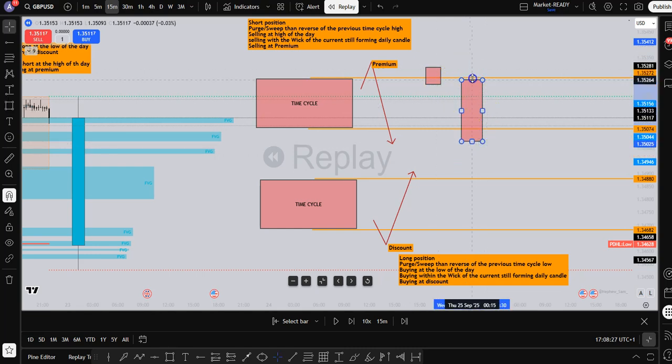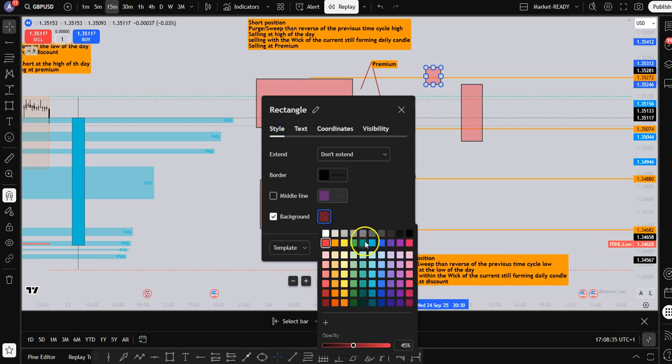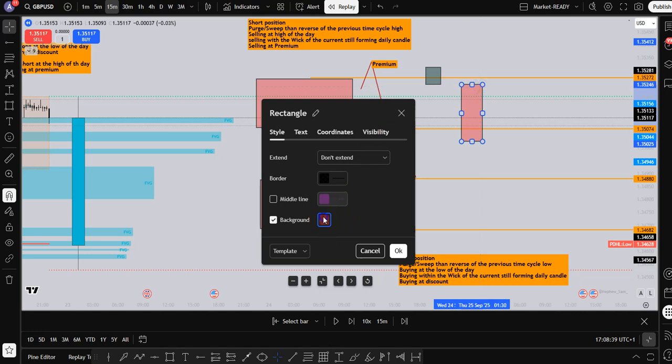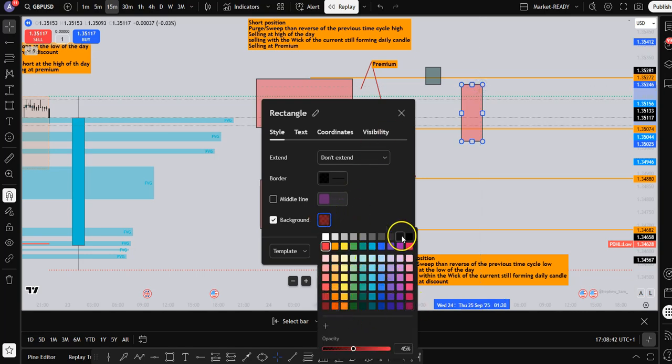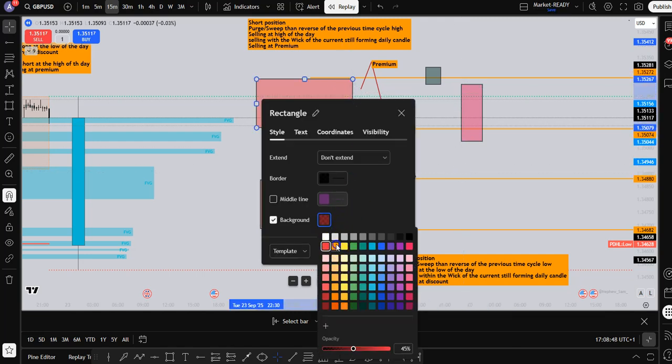So here it's the bullish stage of the daily candle, so it will be green, and here it will be red. Don't really like this red. Time cycle, we put it in yellow.